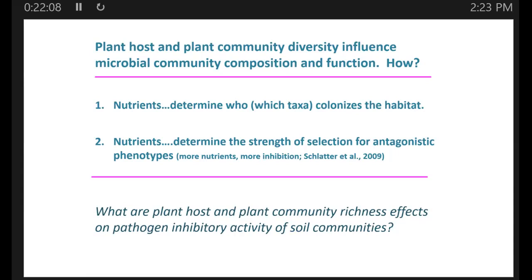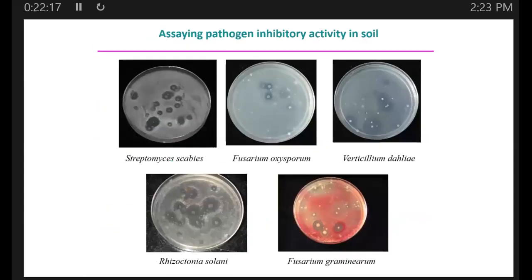How do these biocontrol agents, these streptomyces, behave if they're presented with just one type of plant or more? And they were very interested in looking at how these streptomyces under these different conditions inhibit or kill off pathogens.